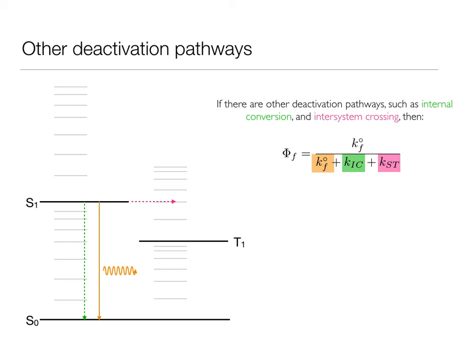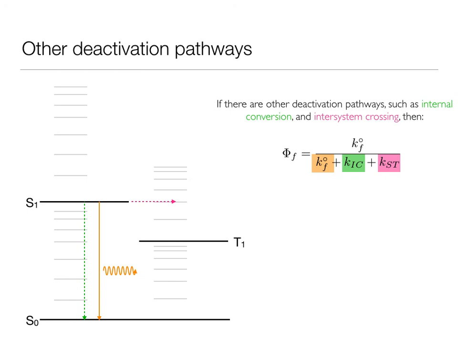So now I've introduced other mechanisms of decaying from my first excited state. Now my quantum yield for emission drops because it's no longer just the kf portion. I'm now introducing intersystem crossing and internal conversion into the mix as well.